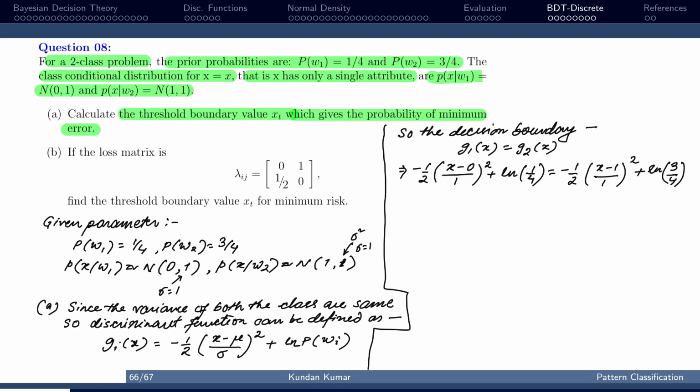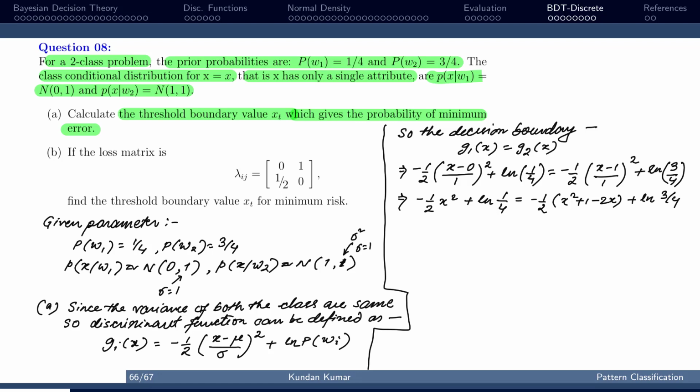Okay, so we just need to solve this. We can simplify it as minus 1 by 2 x square plus ln 1 by 4 equal to minus 1 by 2 (x square plus 1 minus 2x) plus ln 3 by 4.